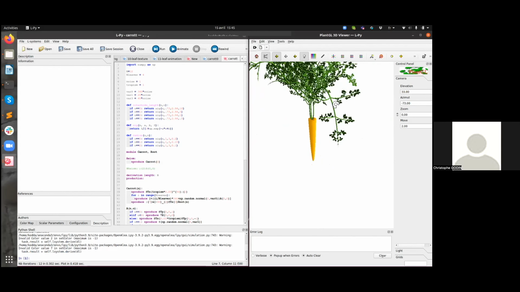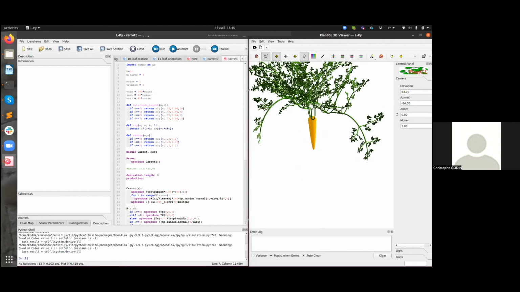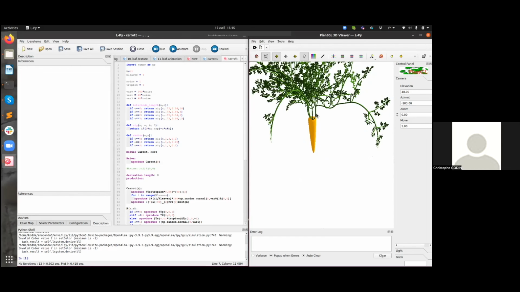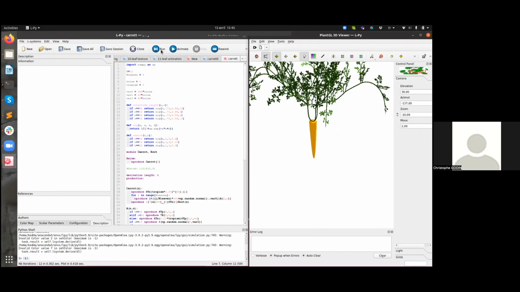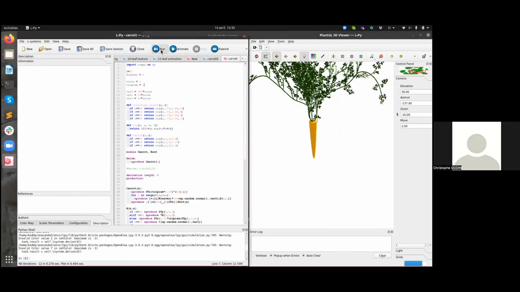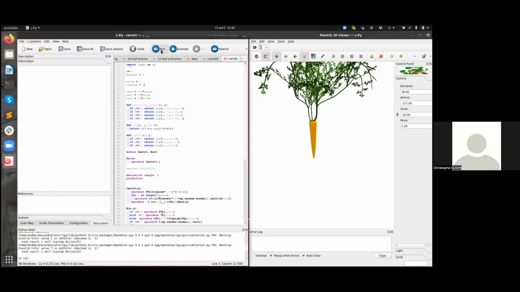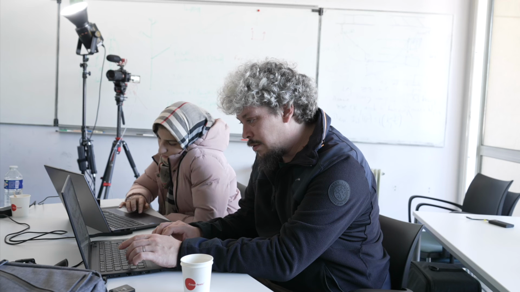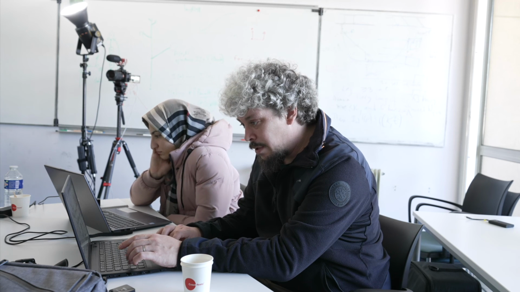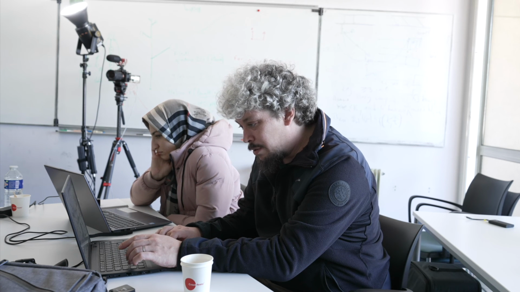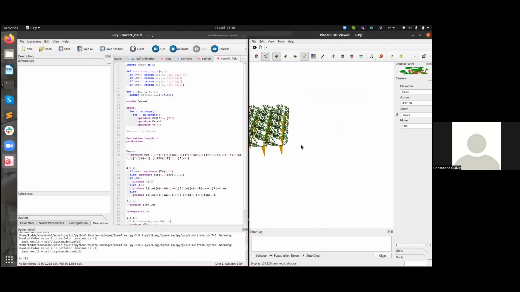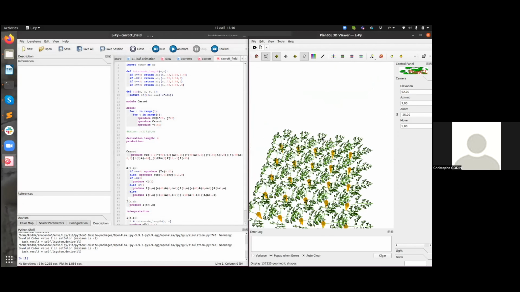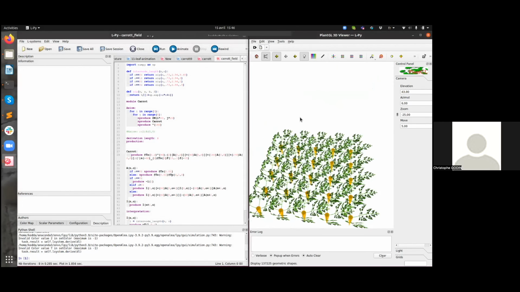And so here we have a carrot, and we can generate random carrots at will, which will have different appearances. Like you see here, I can have many carrots, and the next step is to make a field of carrots. We can have a culture bed of carrots, which is the beginning of a virtual farm, hopefully.